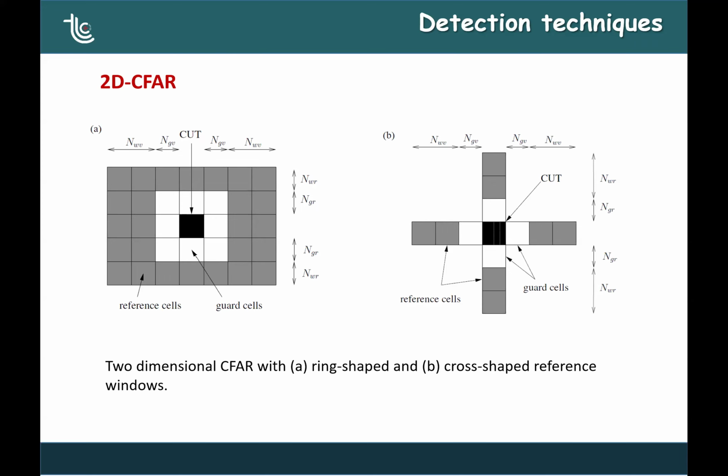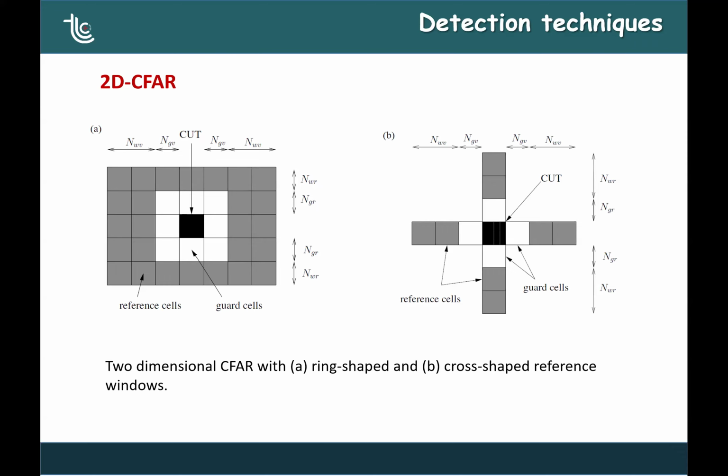How can we estimate the power of the noise? Using the data that we have, the data coming from the surrounding range cells, and in 2D, also the surrounding Doppler bins. You see here that on the left-hand side, the cell under test is surrounded by a white area.